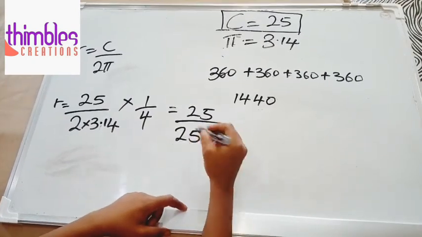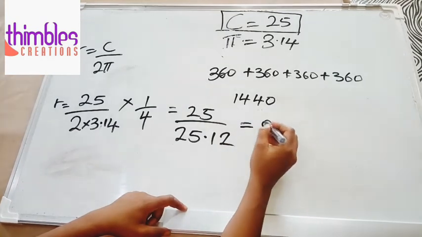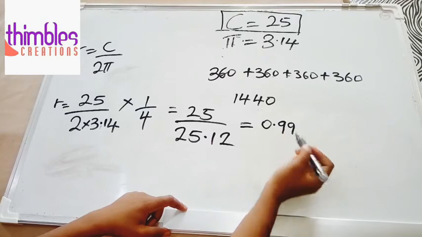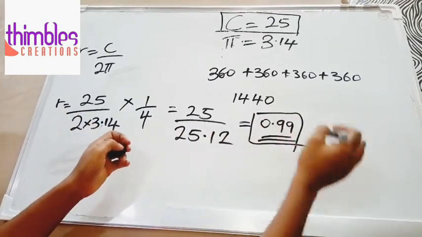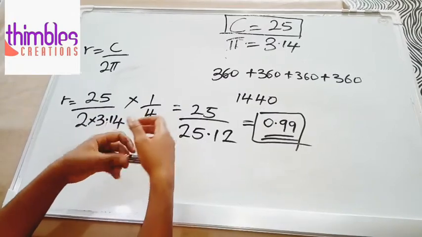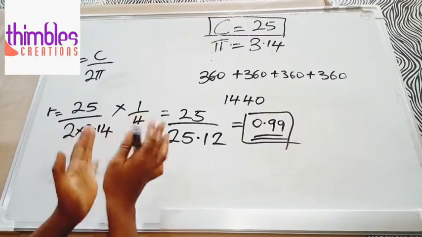So 25 divided by 25.12 gives us 0.99, approximately 1. Okay, so this is what we will use to get our flares.